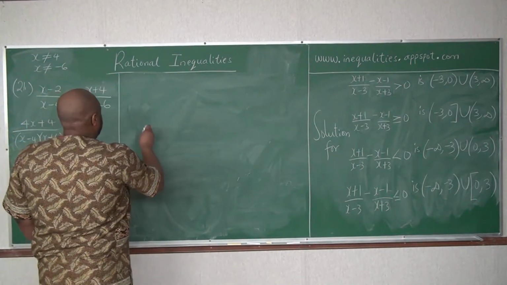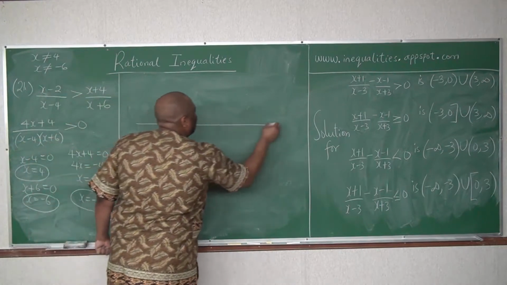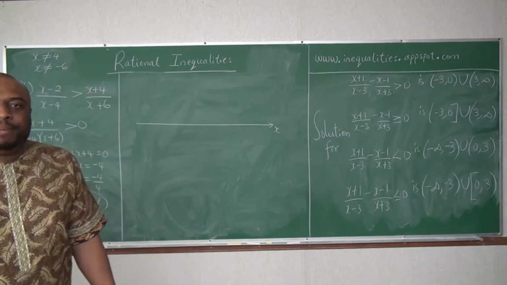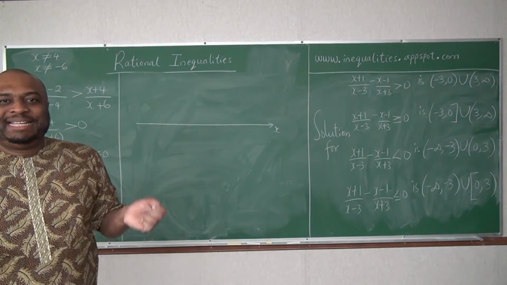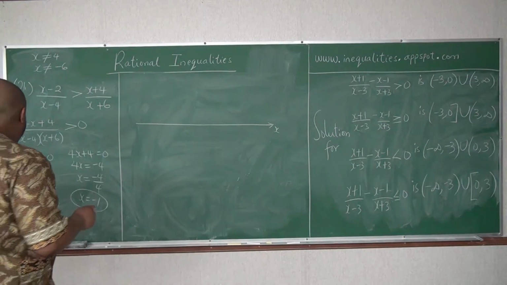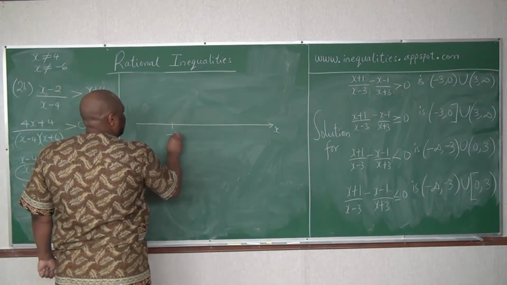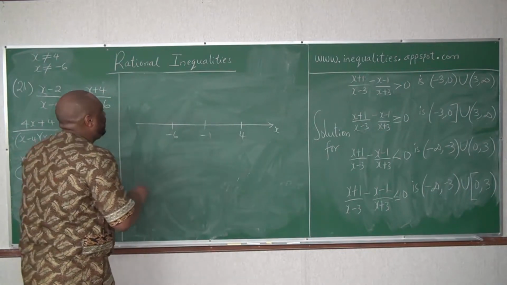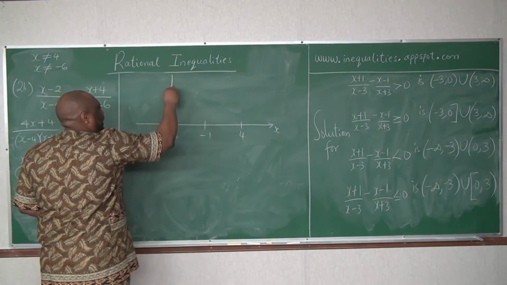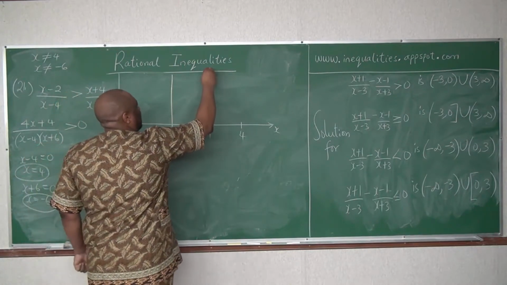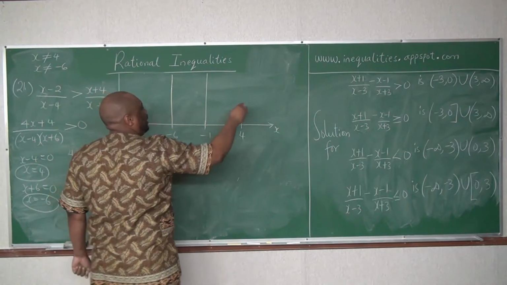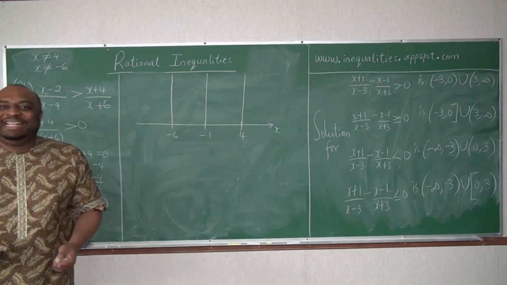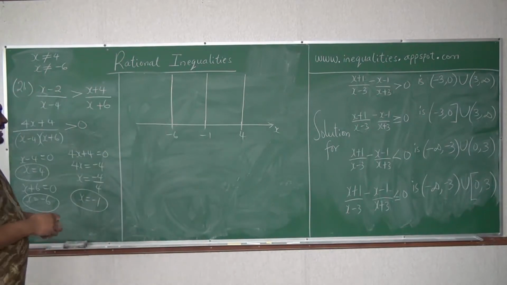Now we locate our test points on the number line so we can find the test intervals. So we have negative 6, negative 1, and 4. We have 3 test points and 4 test intervals.